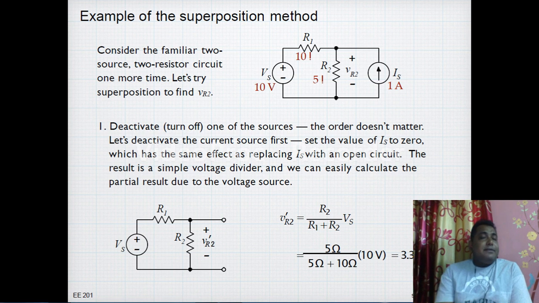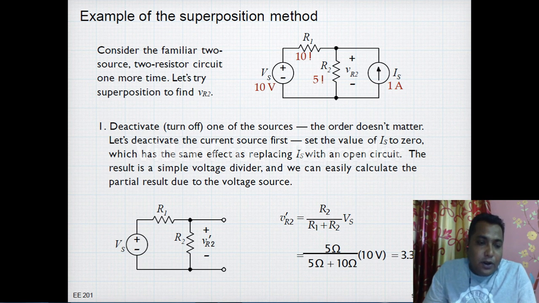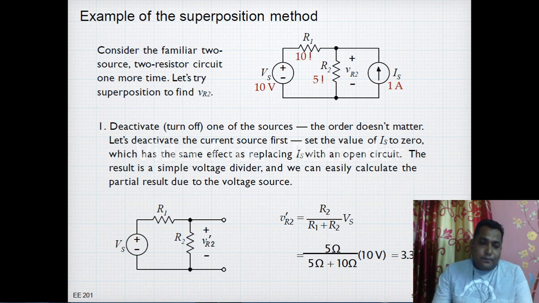We have to consider any one source. So in step 1, Vs is present in the circuit, and Is, that is the current source, is removed. When the current source is removed, as you can see, that terminal is made open, and the remaining circuit we can use for the Vs source.